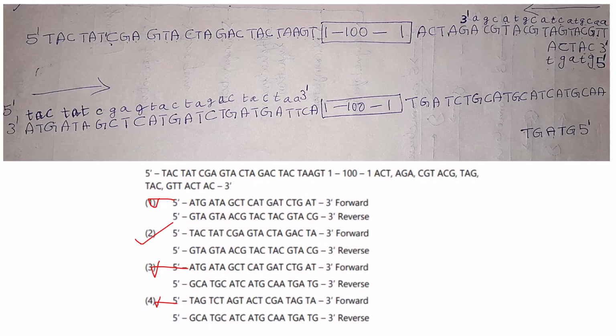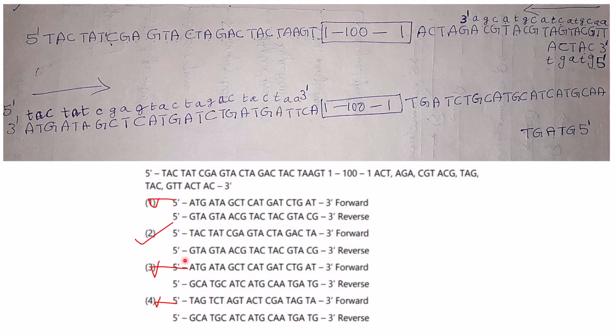Now for your reverse primer. This sequence, in this direction, that is 3' to 5', will give you the reverse primer sequence, and they have given it in the 5' to 3' direction. So GTA, GTT, GC.